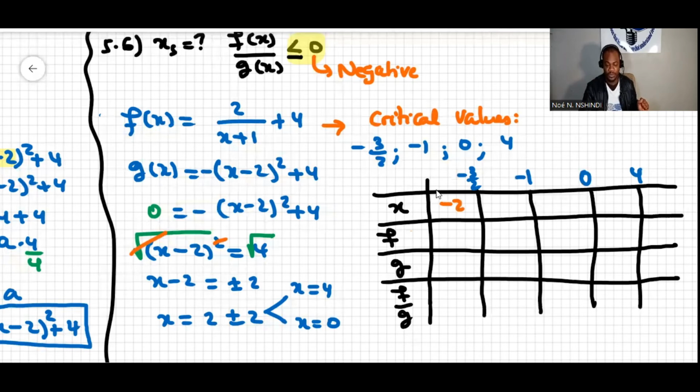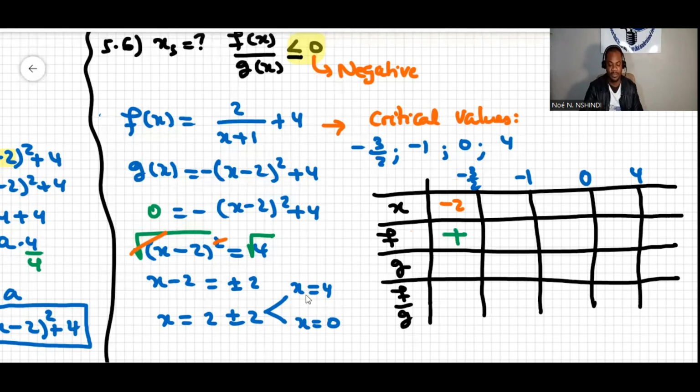So -2 is smaller than -3/2. If I sub -2 over here, we have -2 plus 1 is -1. 2 over -1 is -2, plus 4 is still positive. So over here, f of x will be positive.